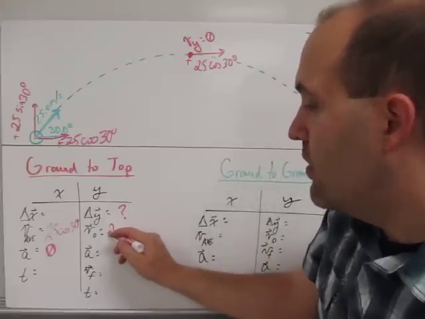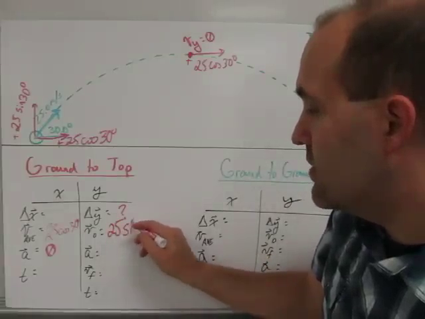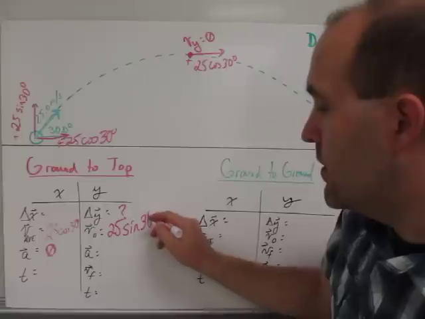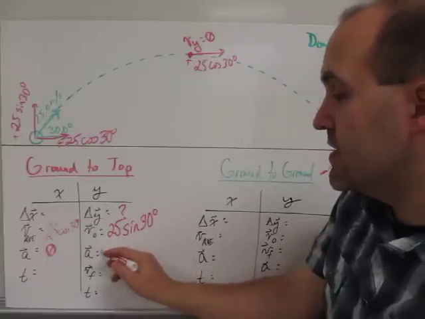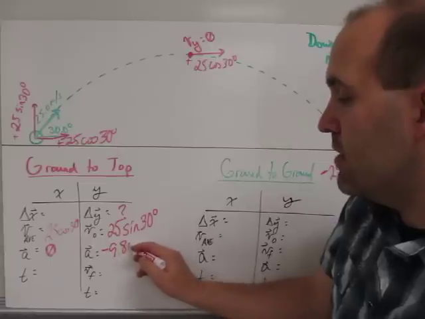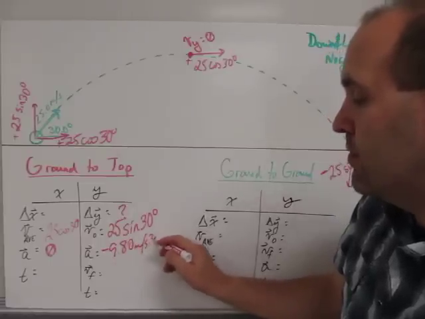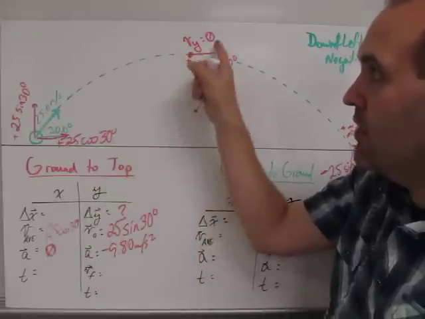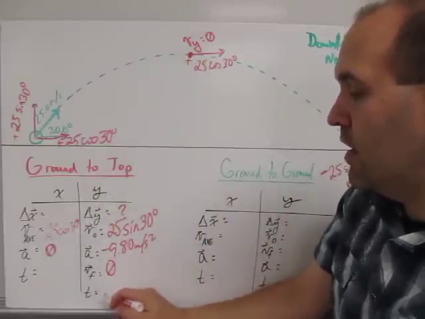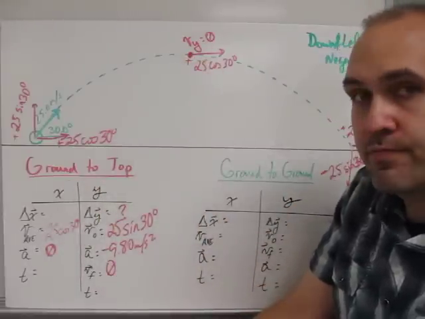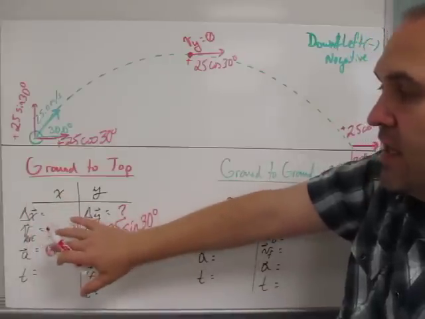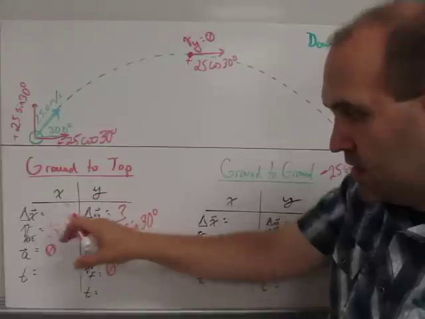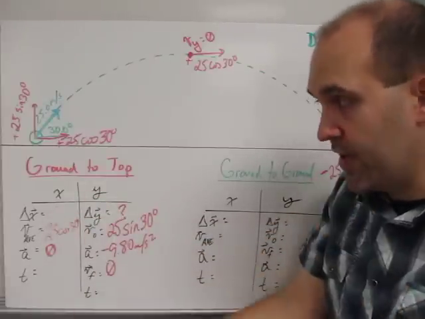But now, we have a vertical velocity to start with, 25 sine 30. The acceleration is down, so minus 9.8. The final vertical speed at the top? Well, that's 0. And we don't know the time. So we have our data now set for ground to top. And we'll have to look at that data on the next slide to figure out the maximum height.